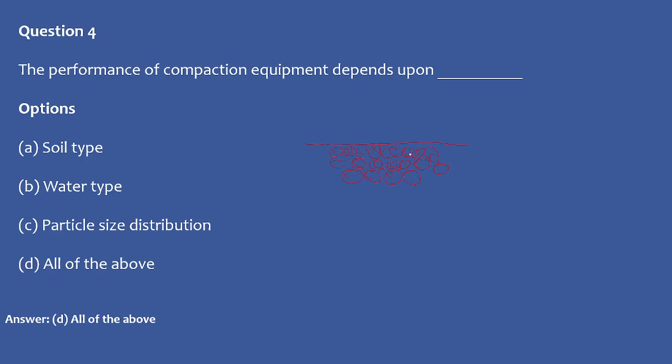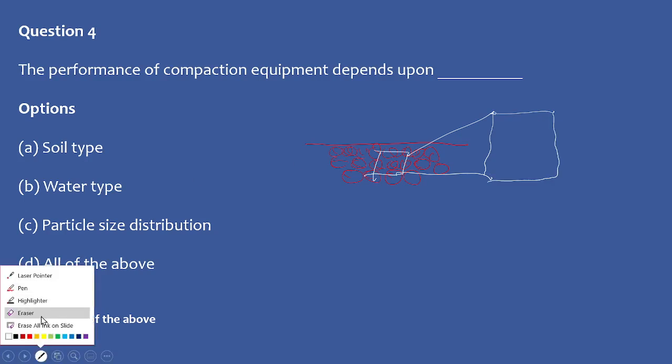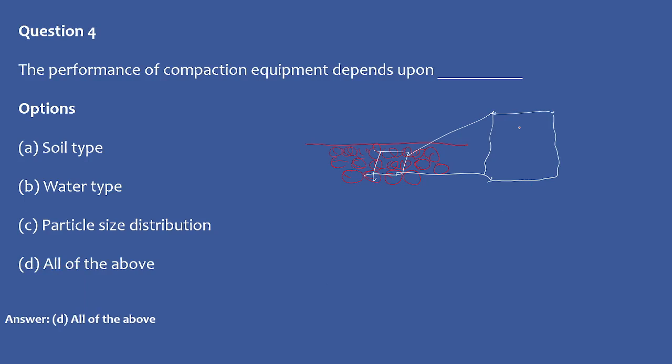If I take any particular cross section of that and zoom in, these soil particles will have some water layer between them, or the presence of water, we can say, here.